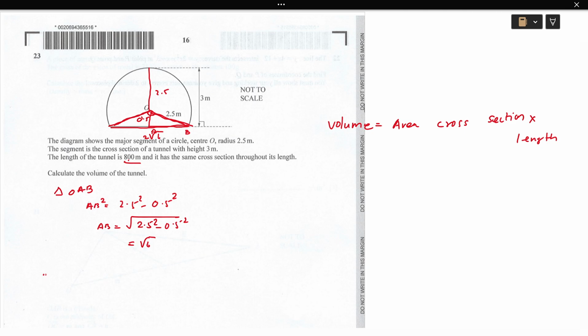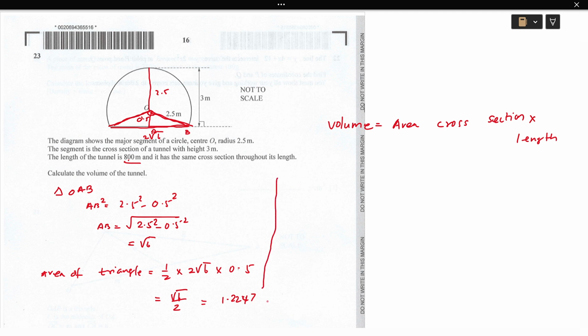Area of triangle equals half into base into height, half into 2 root 6 into the height 0.5, which gives root 6 over 2, equal to 1.2247. This is the area of the triangle.